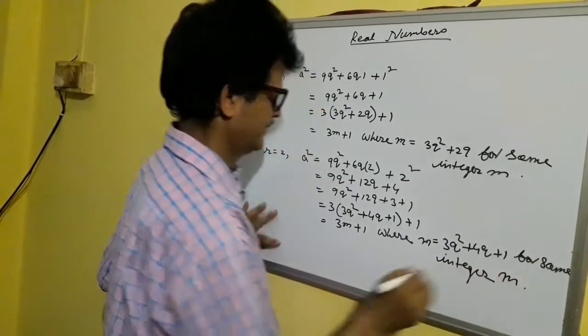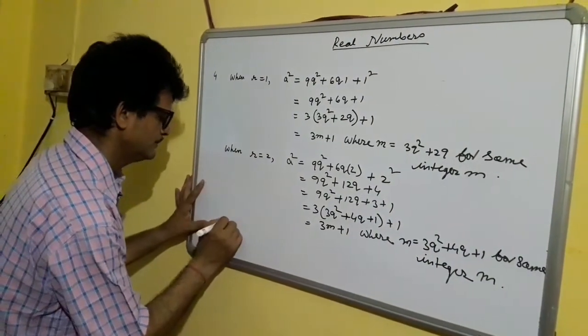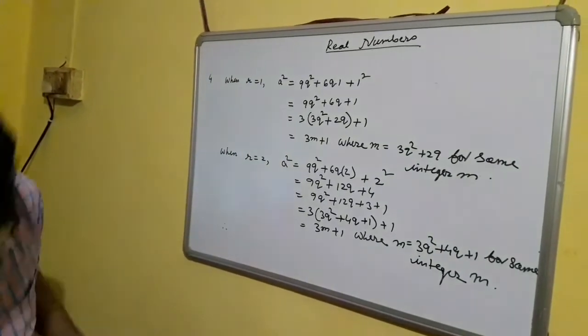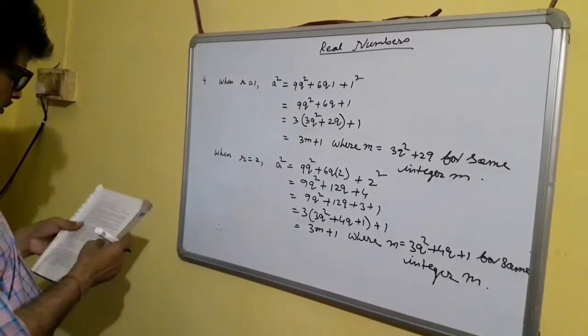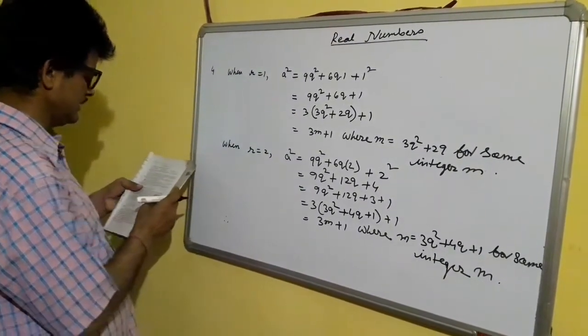So from these 3 cases, what we have seen is that we have taken the square of any positive integer.